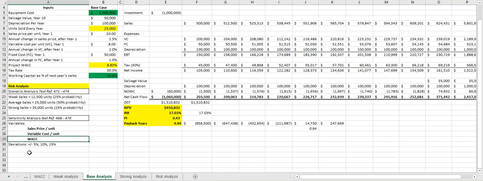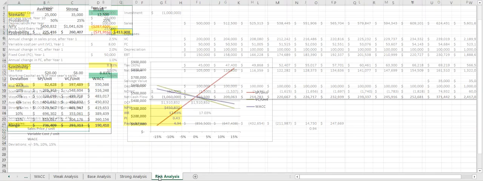And the sensitivity is you change just one variable and leave all the other variables the same: sales price, variable cost, and the WACC. And the deviations are determined by you, plus or minus 5%, plus or minus 10%, plus or minus 15%. In other words, do I change the sales price down 5%, down 10%, down 15%? What's going to be the NPV, and so on?